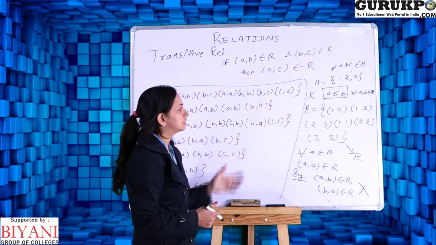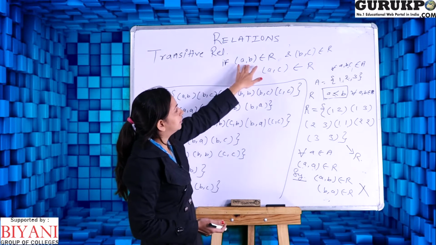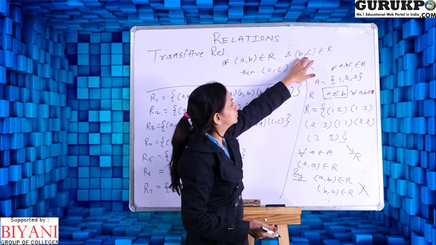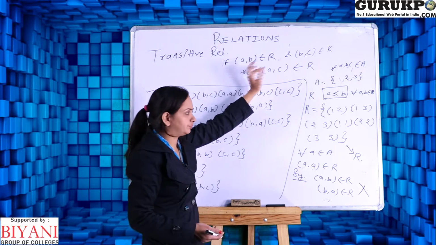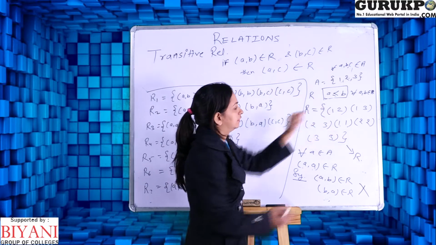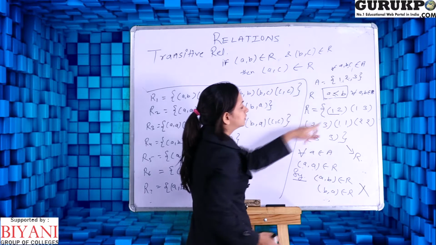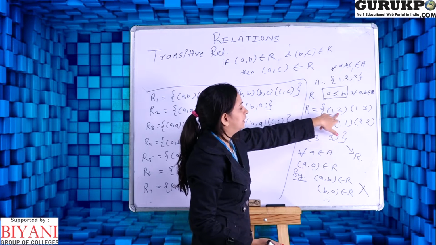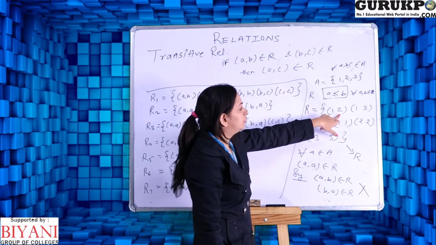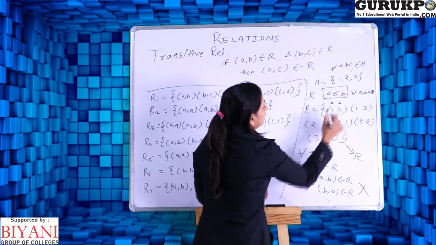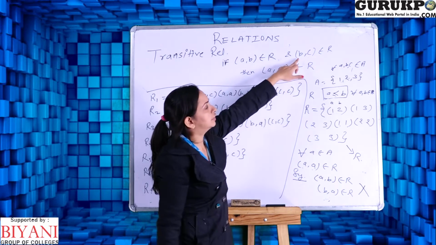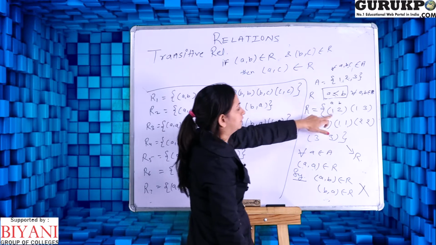And the third one, transitive relation, says if (A, B) belongs to R and (B, C) belongs to R, then you have to check only whether (A, C) belongs to R or not. So this is my first pair. (1, 2) belongs to R, this is A and this is B. Now I am trying to find a pair (B, C) in this set.